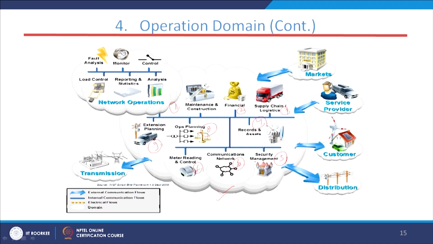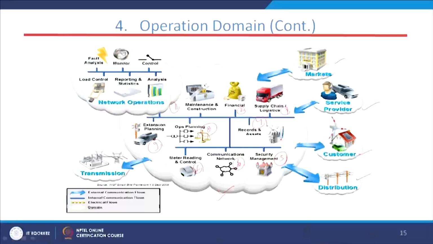So again I just want to share with you that all these components of the operation domain communicate with other parts of our smart grid system, that is markets, service provider, customers, distribution, and transmission. Here the network operations part is very, very important. That is how to operate the network very smoothly without any disturbance, hindrance or problem, because our aim is to allow the power to flow from the generation station to the customers.